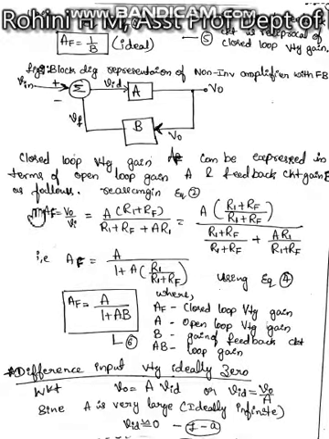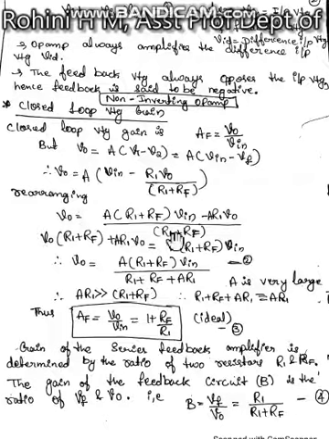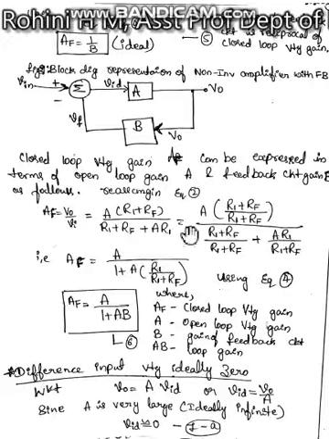So closed loop gain AF is equal to V out divided by input voltage applied, that is V in, which is given as A into R1 plus RF divided by R1 plus RF plus AR1. This expression is the same as equation 2 itself, we are recalling the same expression. We are rewriting here. Now we are just rearranging the terms.